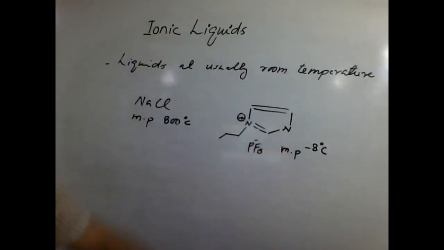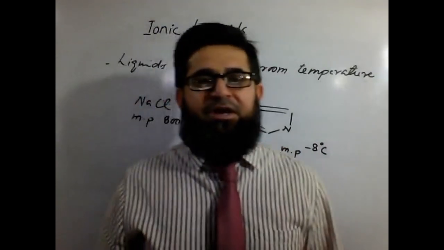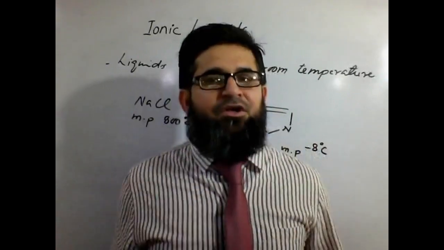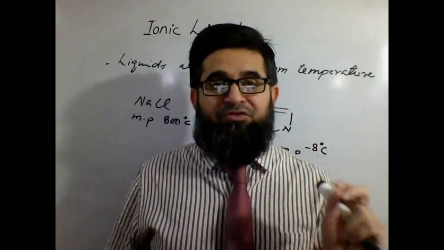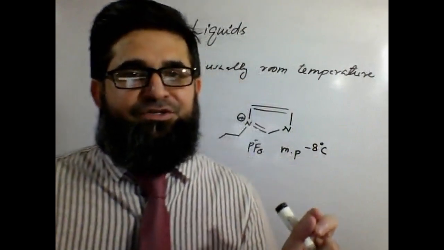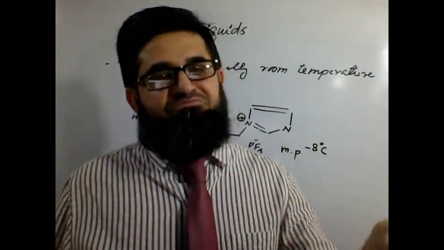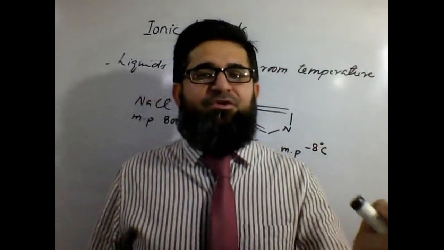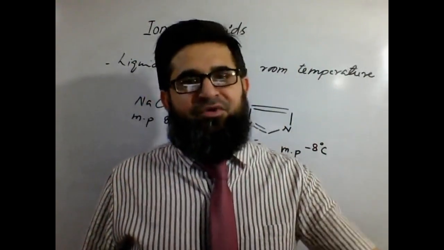As they are liquids at room temperature and can withstand a wide range of temperature, they are thermally and electrically stable liquids, so they could be used as solvents. As you know, we use solvents for chemical reactions. Sometimes, quite often, we do heat our reactions as well. Sometimes we heat over 100 degrees for a longer period of time, 12 or 18 or 24 hours or something like that.